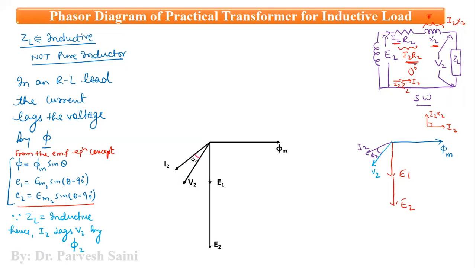Because I2 R2 is in phase with I2, we will draw this parallel to I2. As you can see, these two lines are parallel, so let us draw a line parallel to I2. This is our I2 R2. In these two parallel lines, there is no phase angle. Basically, the angle between parallel lines is zero, right?